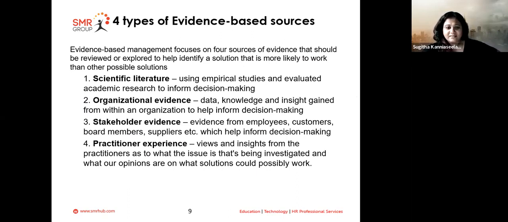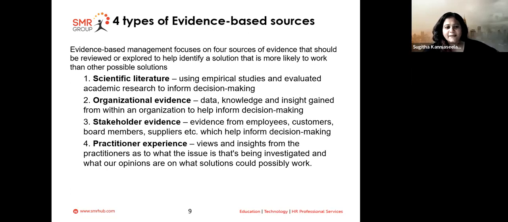It's basically studies that have been carried out using sound research methodologies and methods. There are very few biases. It's a very valid and reliable study. How do you know a study is valid and reliable? If it is published in reputed journals, then we know that these are empirical studies, because journals will not simply publish studies which are not empirical in nature.